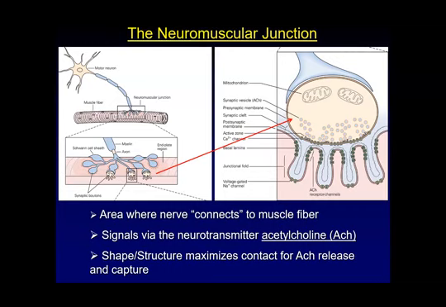That special area is called the bouton, B-O-U-T-O-N. All that we're doing here is increasing surface area again, more places to release our neurotransmitter, acetylcholine, and hopefully get it across and get signal onto the muscle.